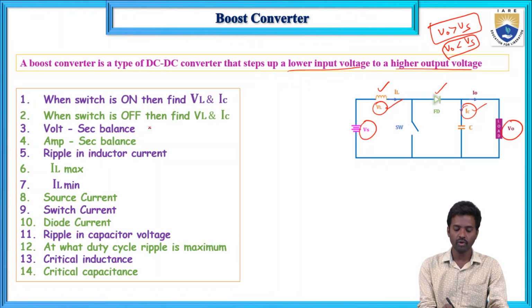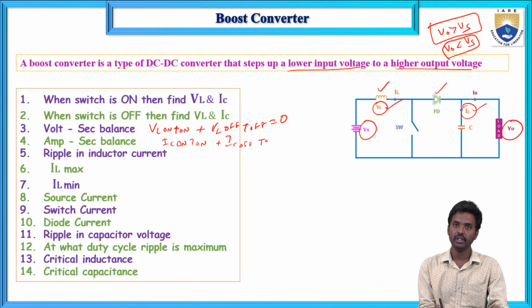Next, volt second balance: VL on into T on plus VL off into T off is equal to 0. Ampere second balance means IC on T on plus IC off T off is equal to 0.